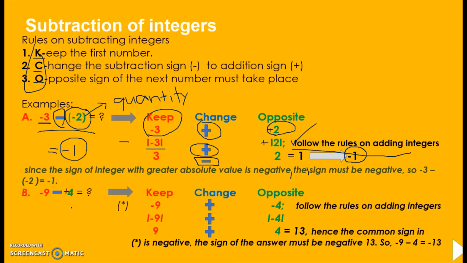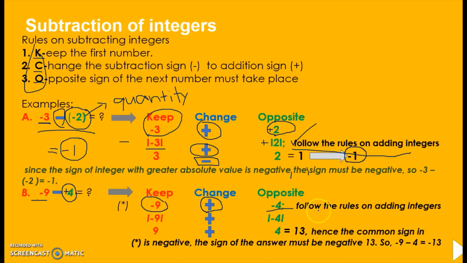So the rules on subtraction of integers must take place: keep, change, opposite. So we have to keep negative 9, rewrite or copy. The minus sign here would become a plus sign because we changed it. And the positive 4 here became negative 4.